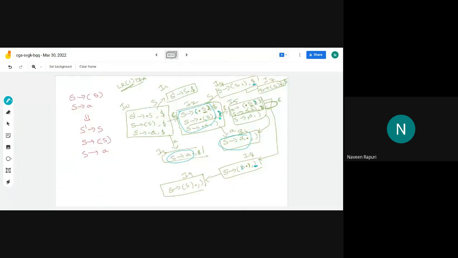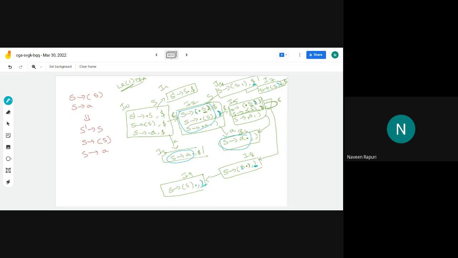And after that, is there any matching items? So what is I9? It ends with open parenthesis S closed parenthesis dot. Open parenthesis S closed parenthesis dot.